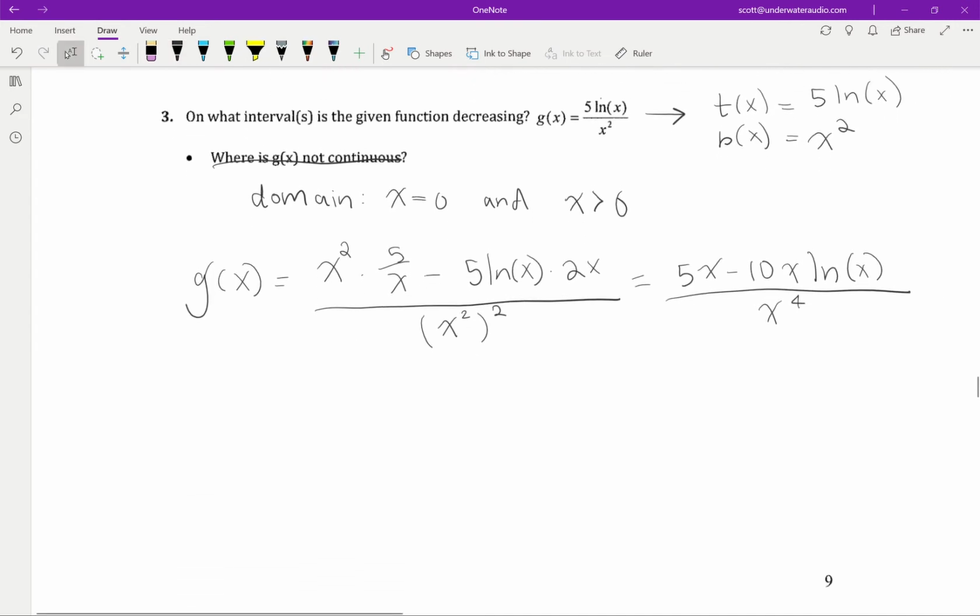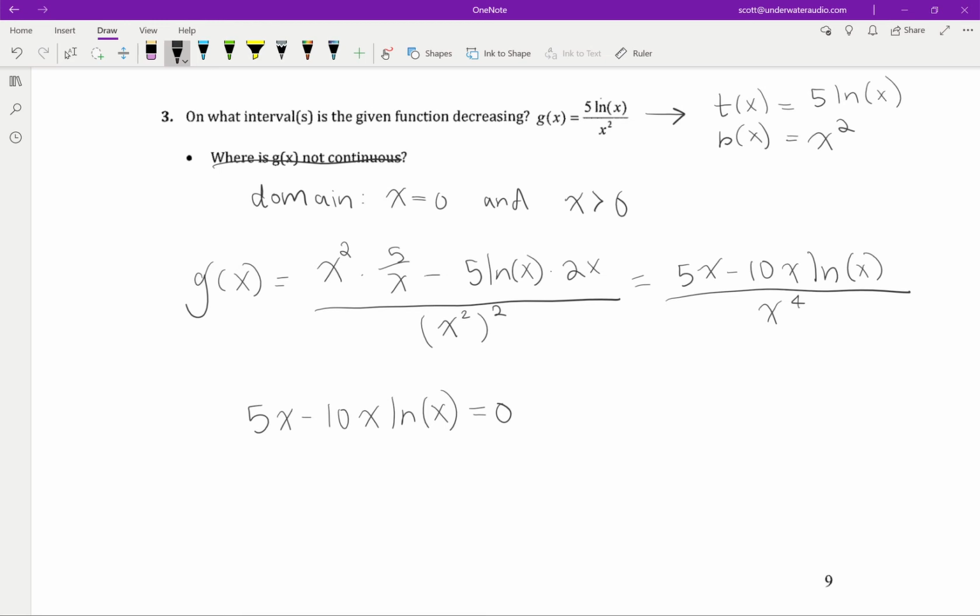So I need to look at critical points, and that would mean setting it equal to 0. I'm only setting the top equal to 0 because if the bottom is equal to 0, that's going to give me something not defined, not something equal to 0.